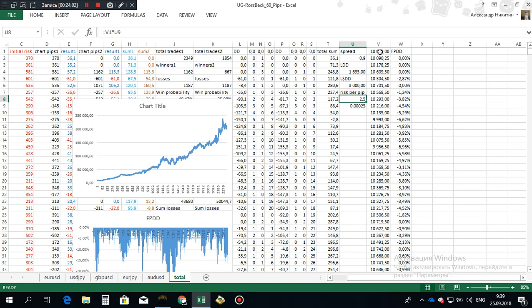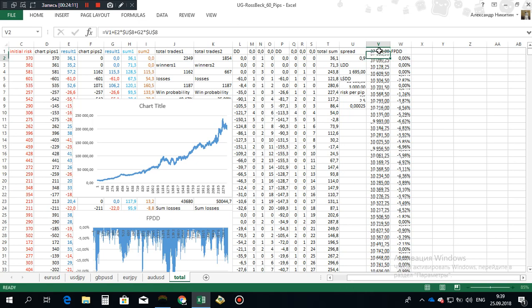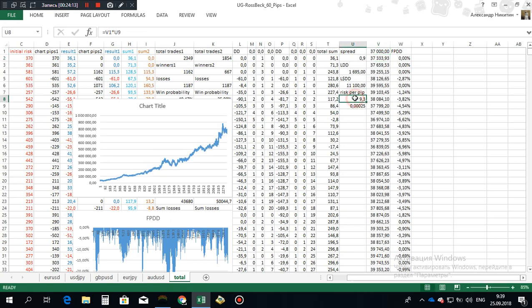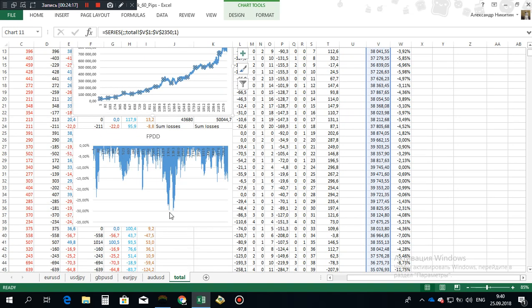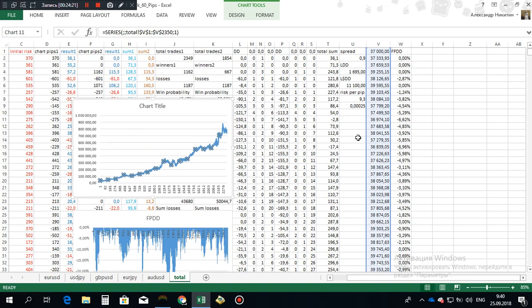And if you change your account, this would automatically change. So let's say we have a 37k account as our initial, and of course this total number would automatically change, but the risk drawdown stays the same because of the ratio.